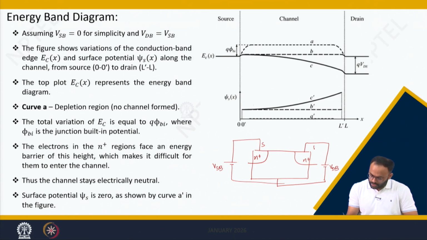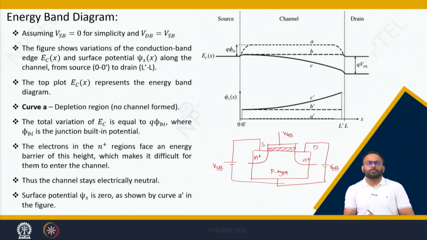This is the source, this is the drain, and you have oxide and VGB applied in between. This is the p-type substrate. We are assuming that VSB is equal to 0, and we are assuming that VDB is equal to VSB. It means the level of the two water tanks is the same. Now, when you apply VGB, what will happen?